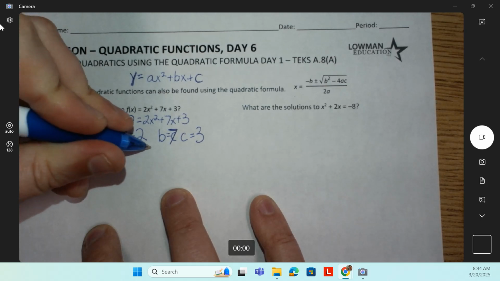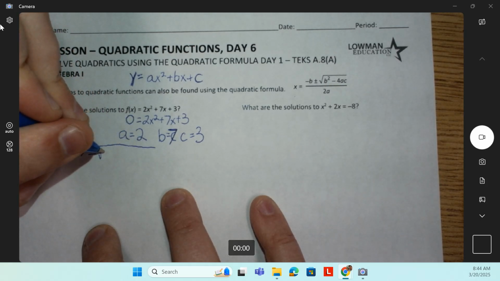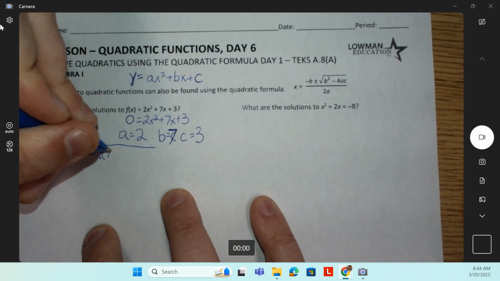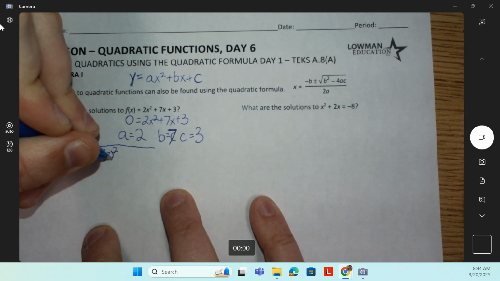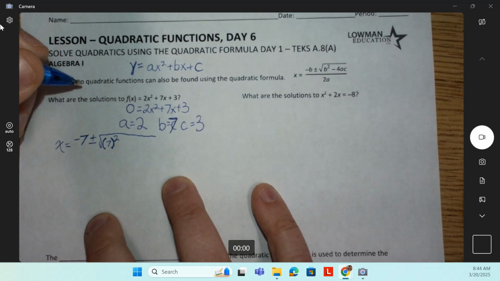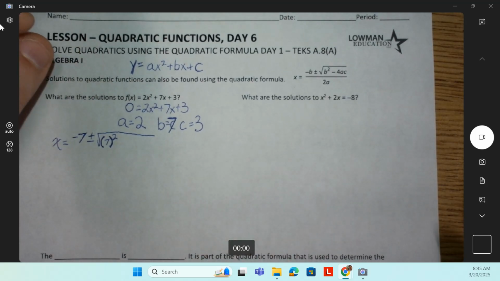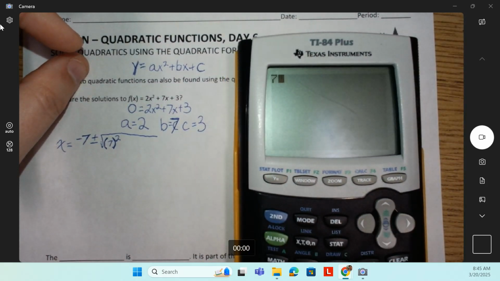The square root of b squared, so 7 squared. It is important to put this in parentheses, because if you ever have a negative number and you type it into the calculator to square it, if I did 7 squared, I get 49, no problem. But if I do negative 7 squared, then it pops up with a negative 49.